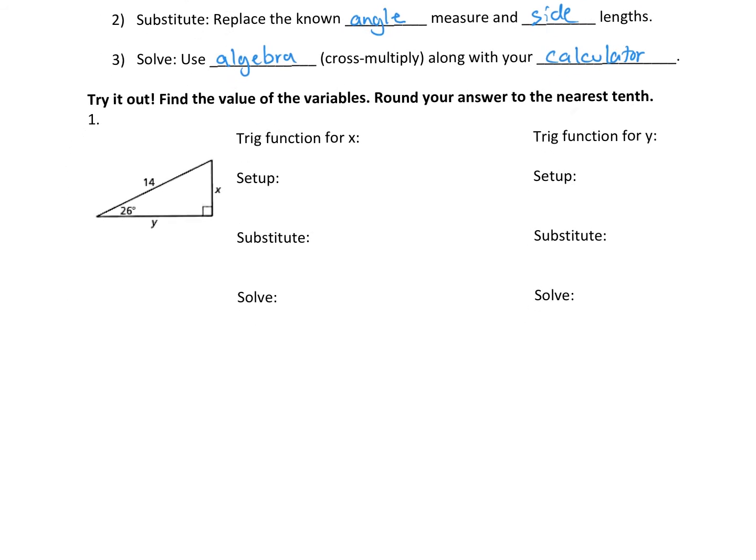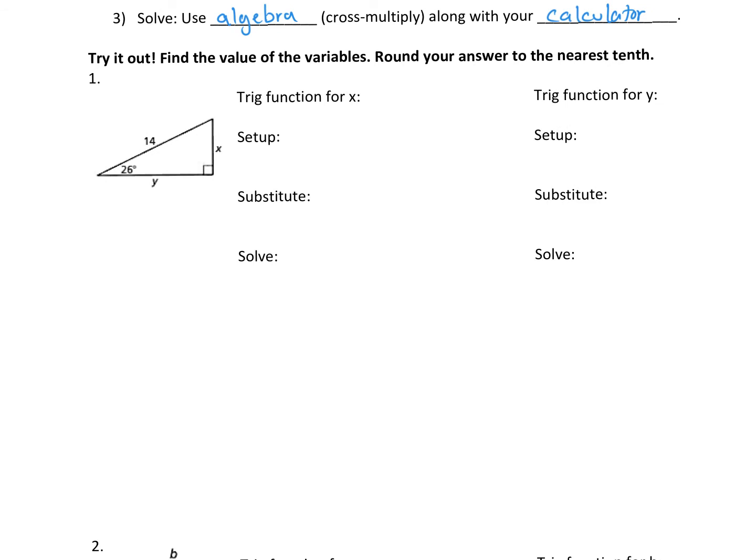So here, let's try some of this out. First, our known angle is here. This is my opposite. This is my adjacent. And this is my hypotenuse. So this is OAH. Solve for x.